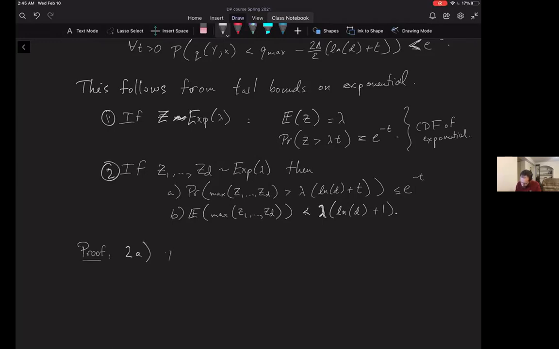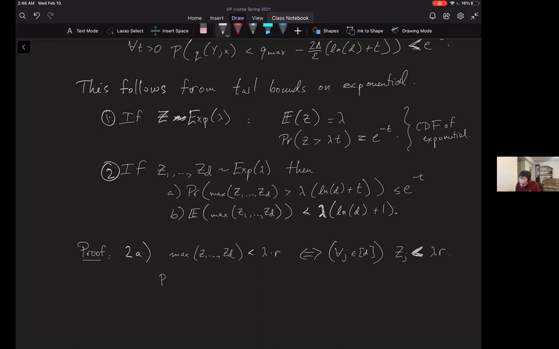What we know is that the maximum of the z's is less than some quantity, I'll call it lambda times r, if and only if each of the z's is less than lambda r.